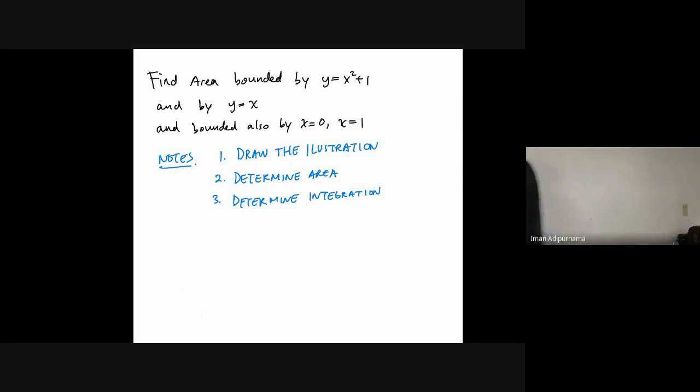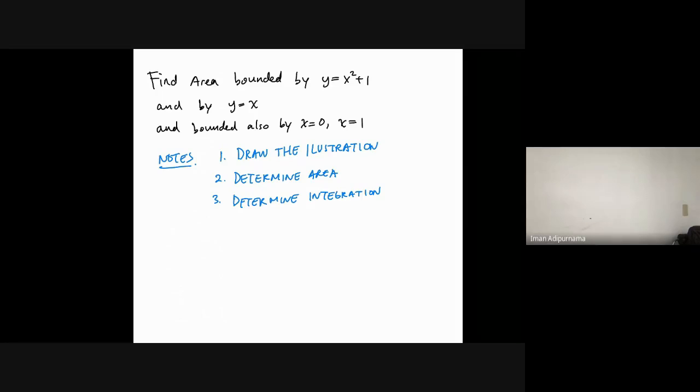Usually in area between curves, you'll receive some information about the curves, usually polynomial or trigonometric or maybe exponential. And you need to at least have in your mind how to draw the graphs, okay? That's really important. If you draw wrong graphs, you will get wrong answers, or maybe you will not get any clue on how to solve the questions.